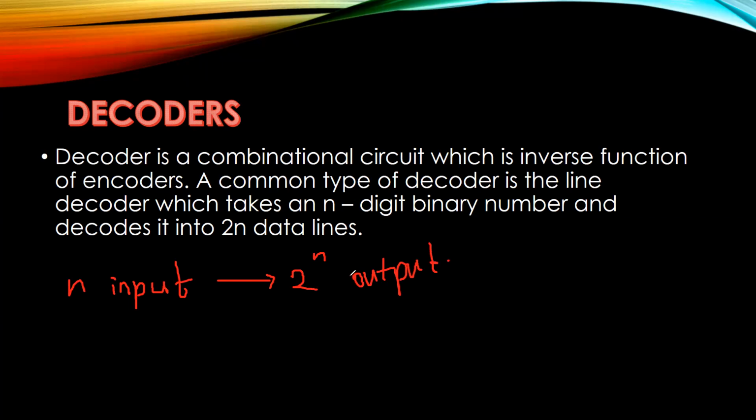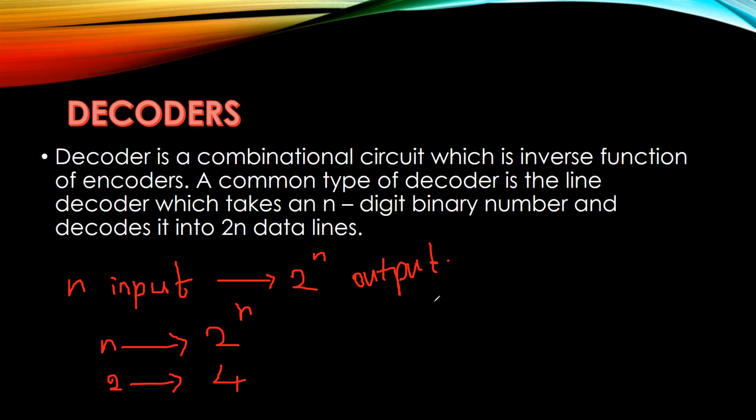Decoder is a multi-input and multi-output logic circuit, which will decode n number of inputs into 2 to the power of n number of outputs. So n into 2 to the power of n. So when the input is equal to 2, output is 4.